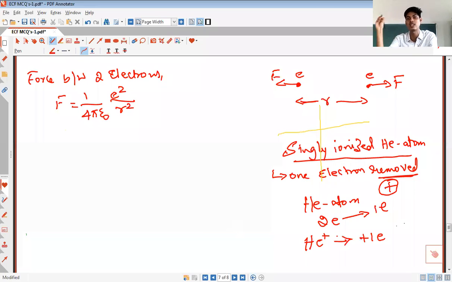Remove two electrons and you get plus 2e, three electrons plus 3e charge, and so on. So a singly ionized helium atom is one from which one electron is removed. If you remove one electron out of a helium atom, it can be written as He plus, which means this singly ionized helium atom has a charge of plus 1e. This is the charge on a singly ionized helium atom.